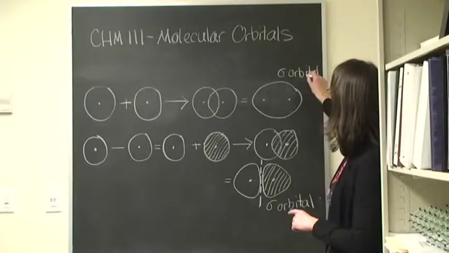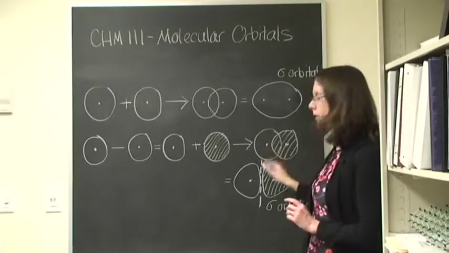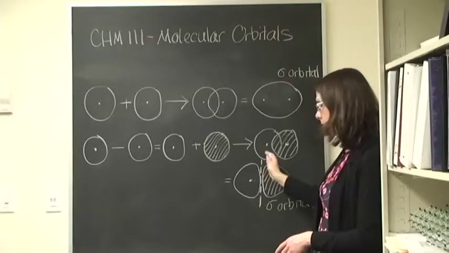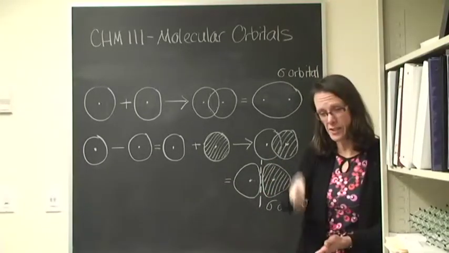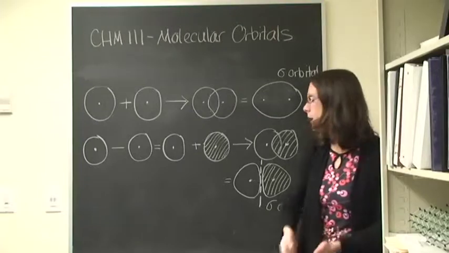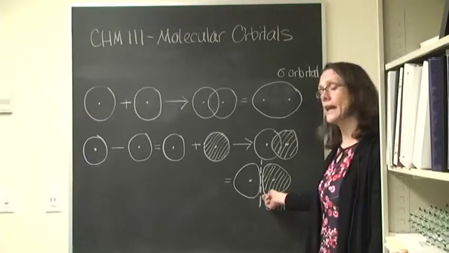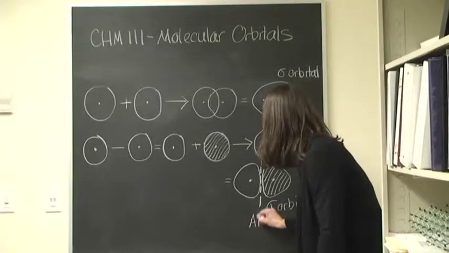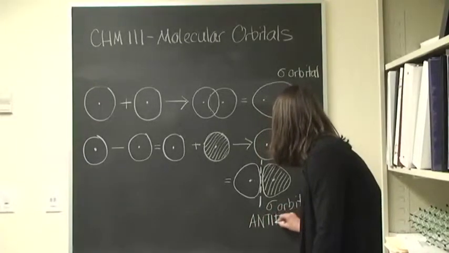But we distinguish it from the one we drew here by the fact that it does have a node perpendicular to the bond axis. A node perpendicular to the bond axis, meaning no electron density right in the middle of what would be a bond, makes this an anti-bonding orbital. So that term is anti-bonding here.